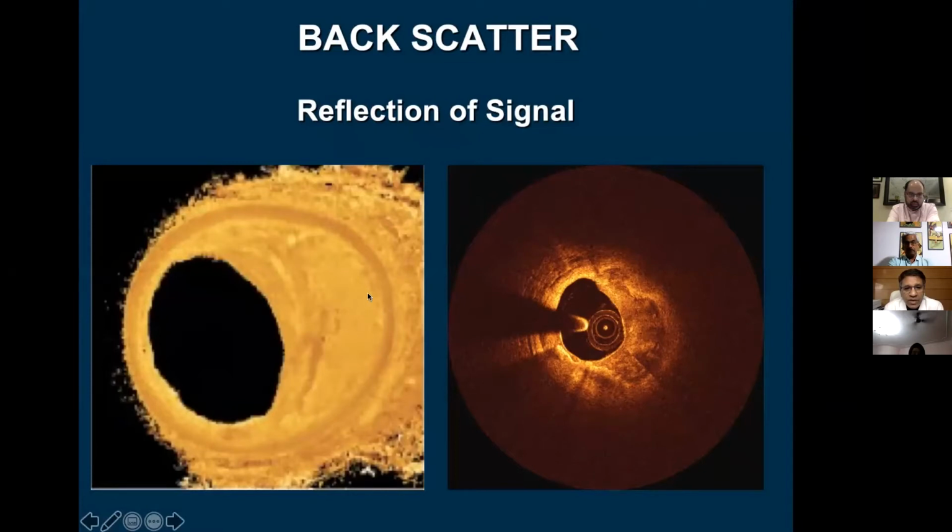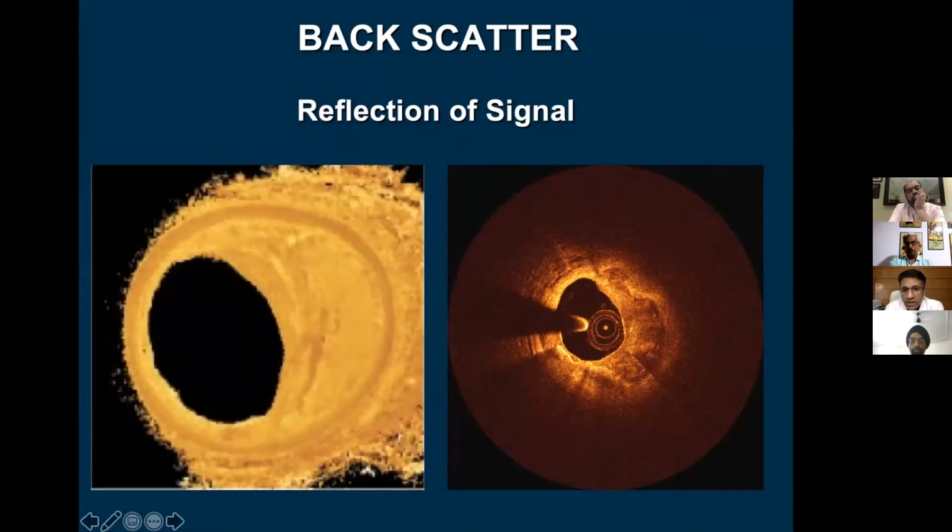There's a great reflection, very good backscatter. So this is a signal-rich image. Compared to the image on the right side, where the reflection is not as sharp as on the left side. So this is low backscatter, while the left is high backscatter.